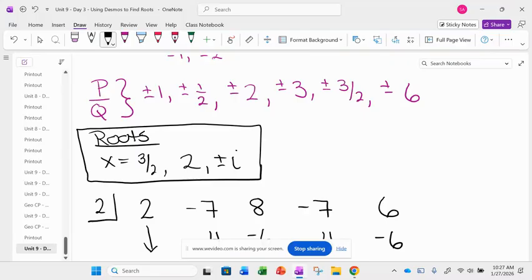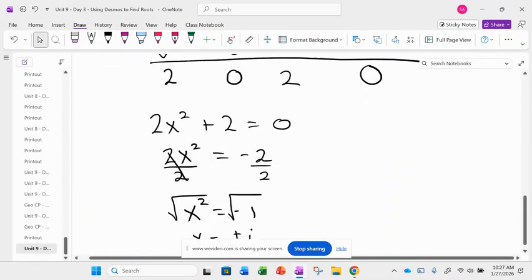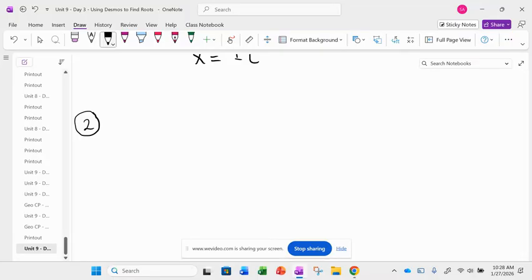I want you guys to try this one on your own. Same directions. We're going to list all possible rational roots, and then you're going to find all roots. F of x equals... 64.